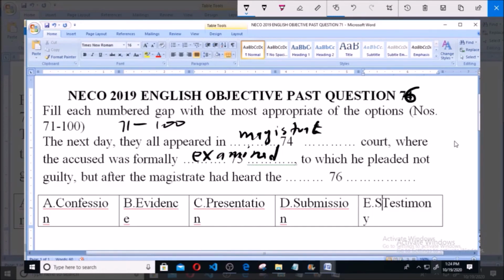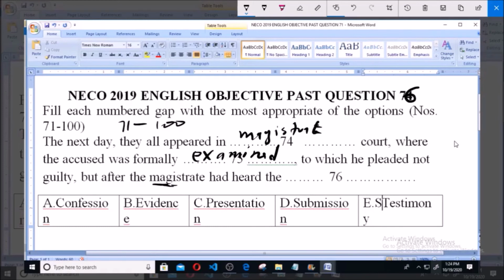Examined, to which he pleaded not guilty, but after the magistrate had the dash. You see the reason why I would say it is not high court or supreme court or appeal court, that it is magistrate court, is why it is always advisable to read further before you make your choice of option when you are answering questions under register.